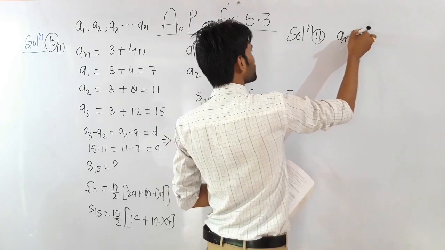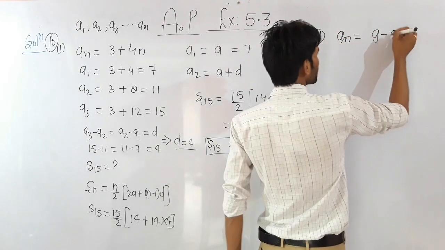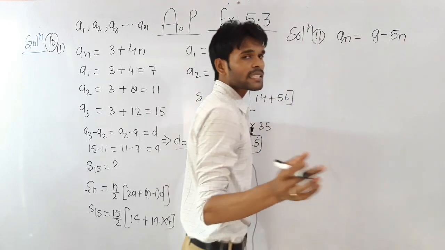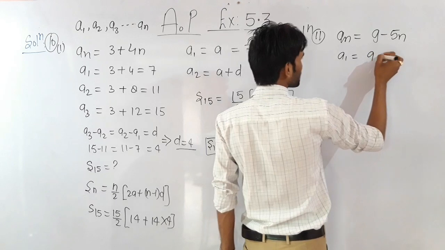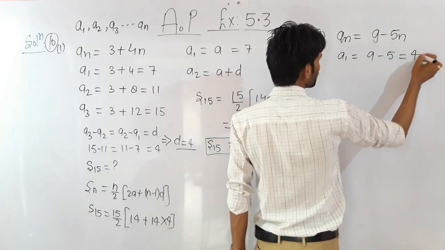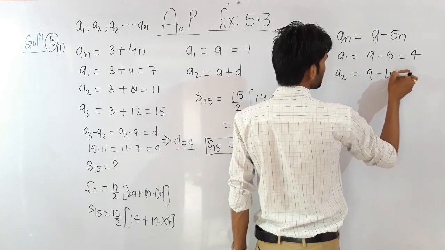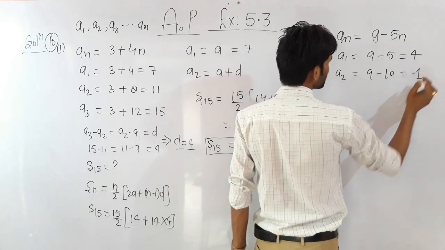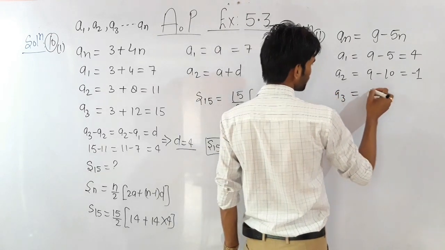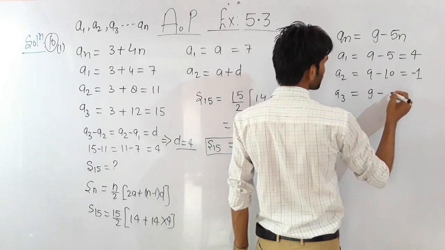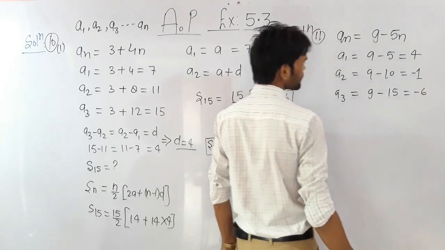If an is defined as 9 minus 5n, again using the same concept, a1 is equal to 9 minus 5, which is equal to 4. a2 is equal to 9 minus 10, which is equal to minus 1. a3 is equal to 9 minus 15, which becomes minus 6.